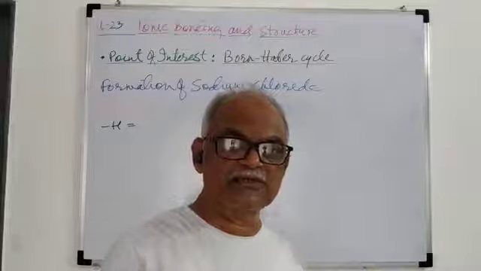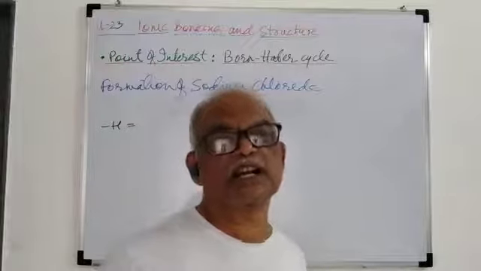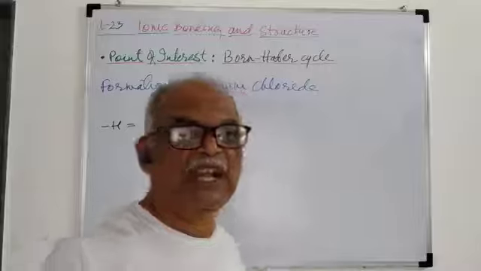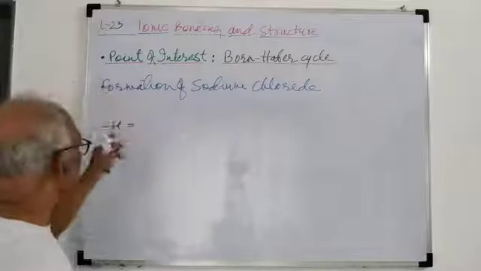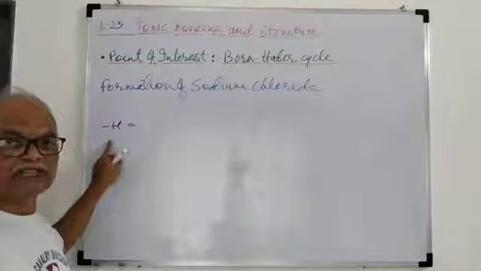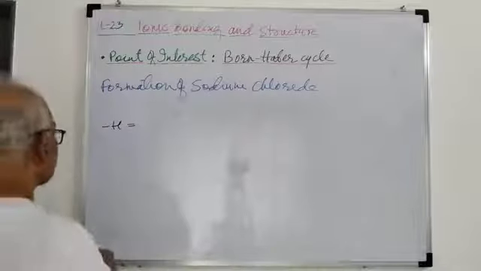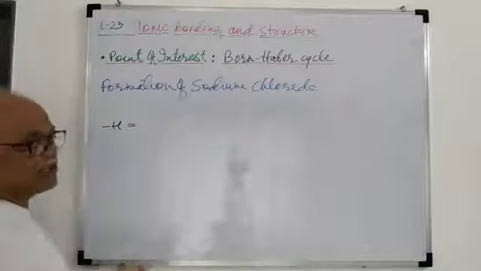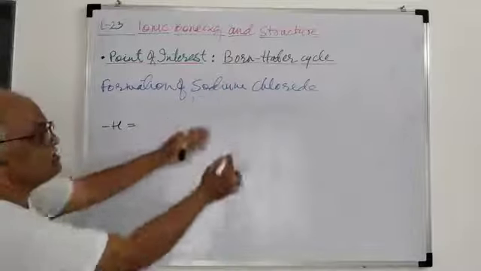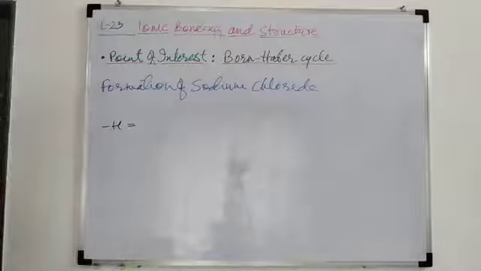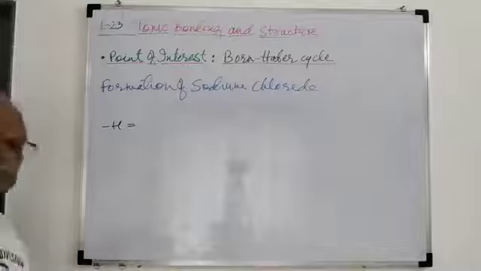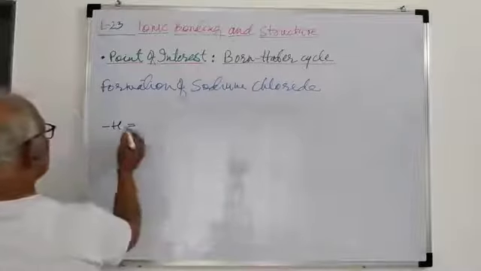All these terms which are related to energy are taken together, and we are showing that it is equivalent to the enthalpy change according to route 1. So this is minus H.